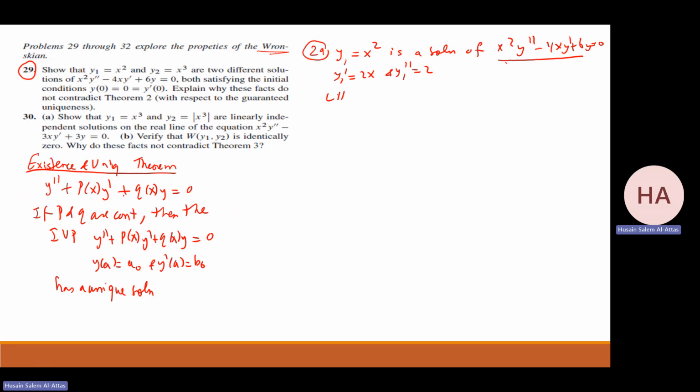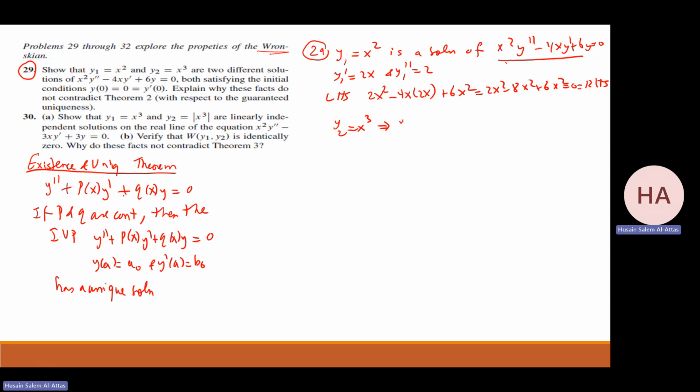Substitute there, left hand side. I have 2x squared minus 4x times 2x plus 6x squared. So it will be 2x squared minus 8x squared plus 6x squared, which is 0, which is the right hand side. So it's a solution. Now we need to check also x cubed.